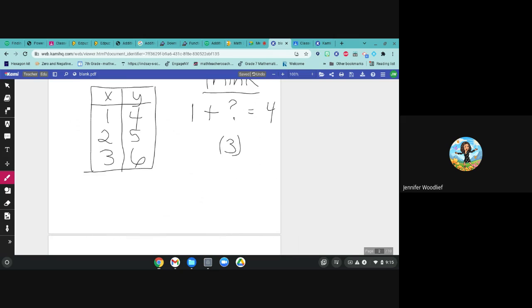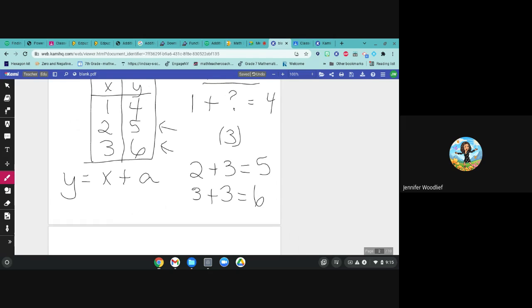Now I need to make sure that statement is going to be true for every other point in that chart. So if I took 2 and added 3, would I get 5? Yes. What about 3 plus 3? Would I get 6? Yes. So I'll always want you to write it as y equals x plus a, and we're going to use a as the variable that's going to be changing.